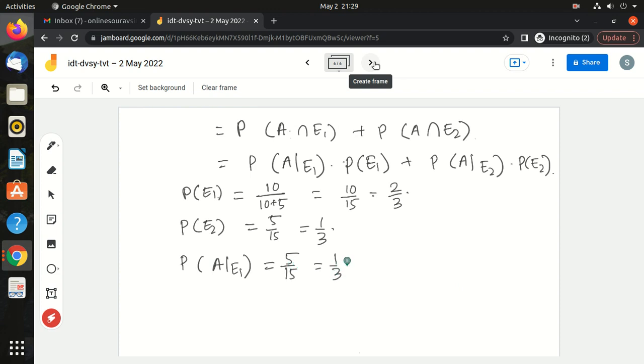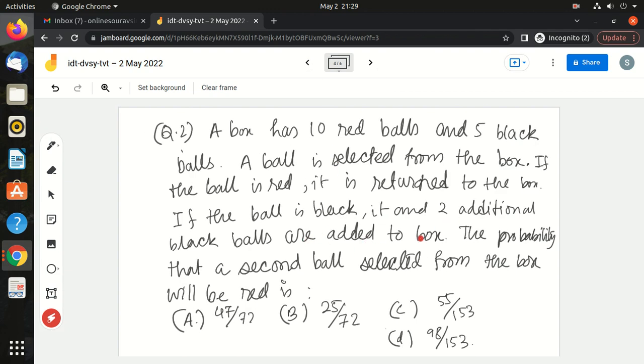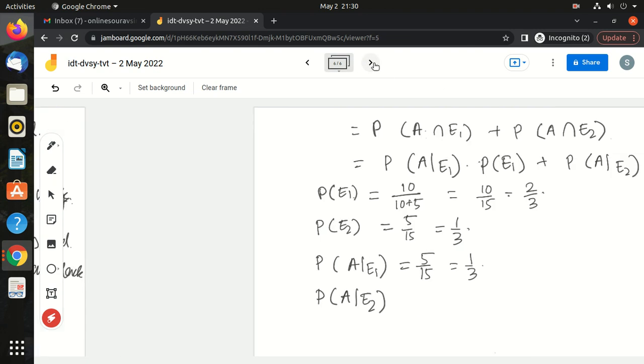Sir, but in the question it's written that if we get a black ball, we have to put 2 additional black balls in the box. Yeah, that is what I'm coming to. So what is A given E2? If you get the black ball, you have to put 2 additional black balls back inside. So now your probability changes.